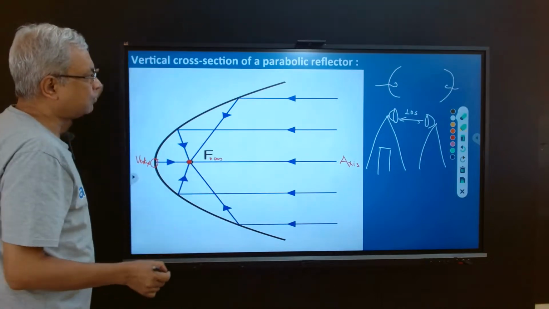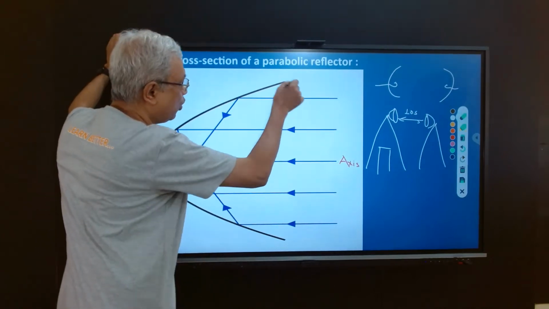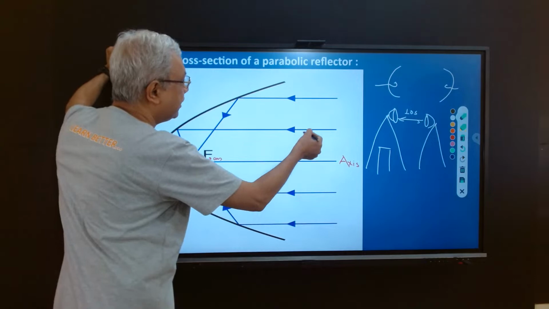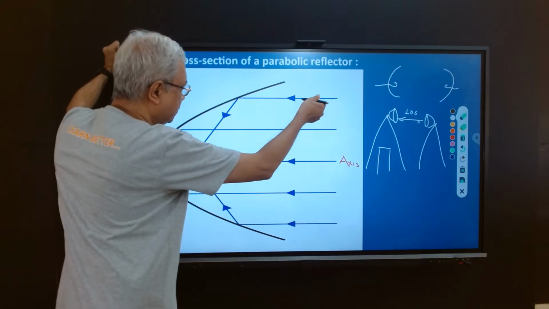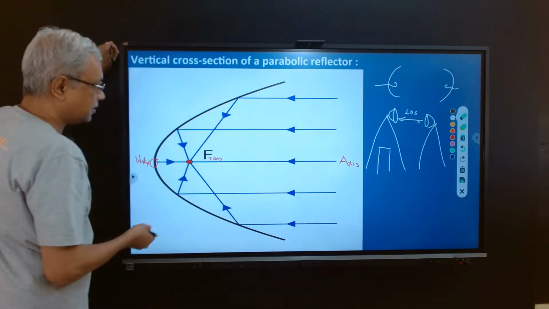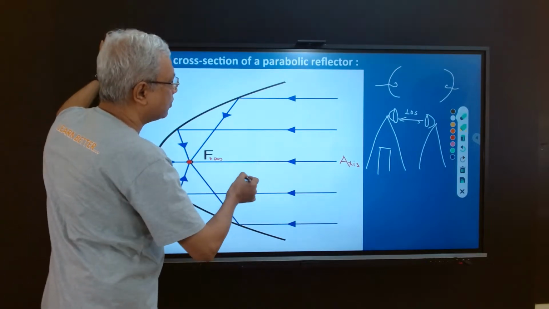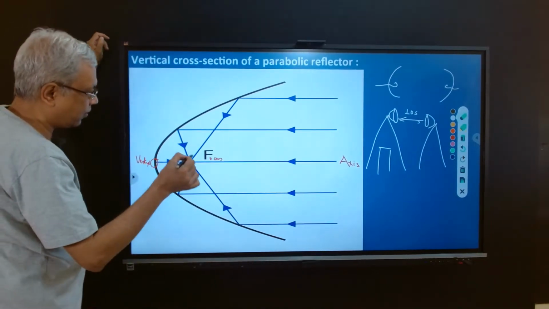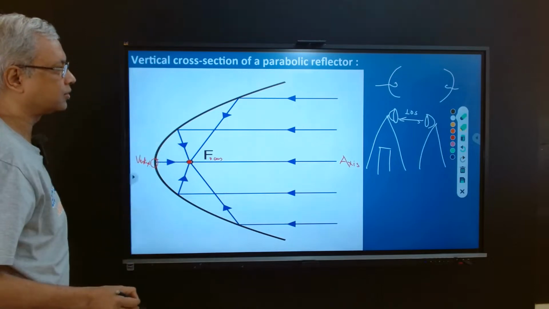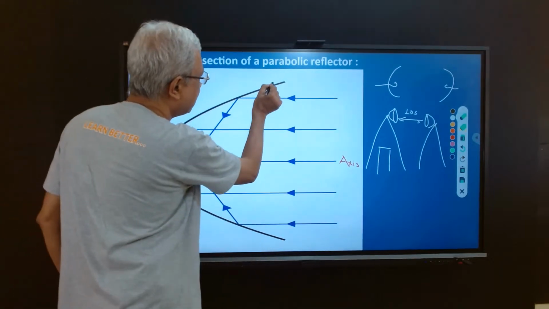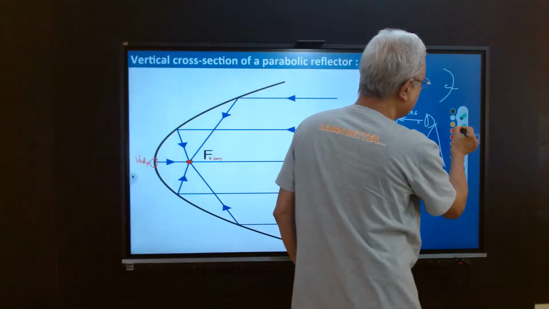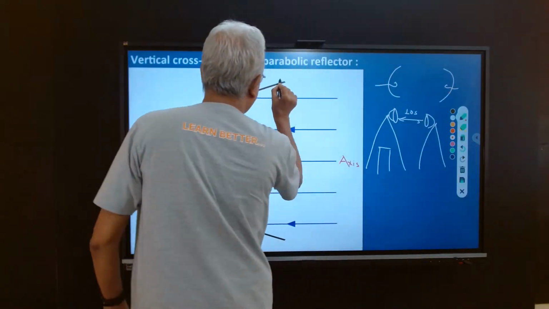But in this problem, what you have to do is just show that if rays of electromagnetic energy or light come like this, parallel to the axis of the parabola, then after reflection, all rays pass through the focus. You can think of it as a mirror also, a parabolic mirror sort of thing you can imagine.